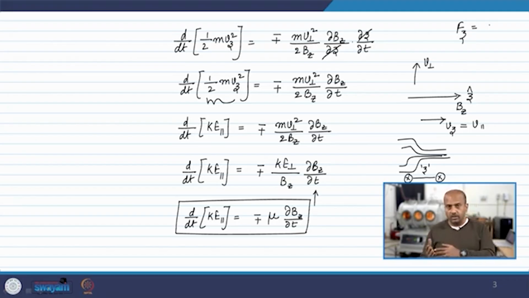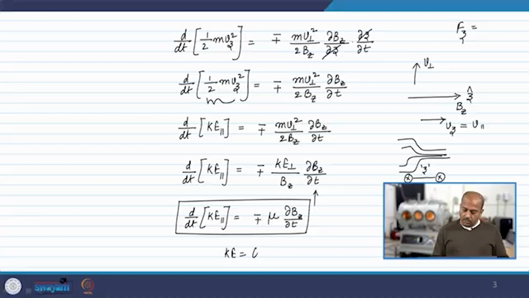The magnetic field, or the rate at which the magnetic field changes, is actually at the expense of the particle traveling along a particular direction. Simple, right? Now, if the kinetic energy is changing, you cannot expect the energy to come down. Because it is a magnetic field after all, it will not do any work. It will not increase or decrease the energy. So the energy should remain a constant.